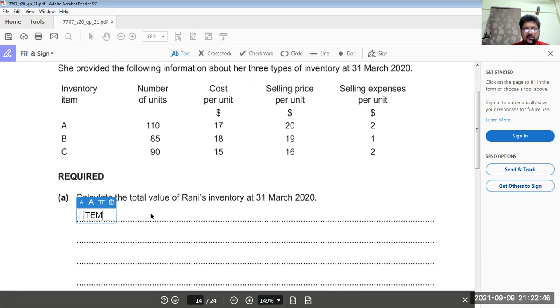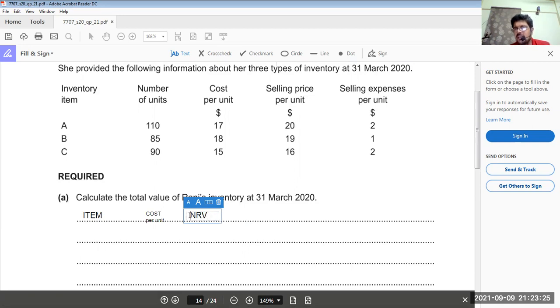Item, first heading. Cost. Cost per unit. Then NRV.